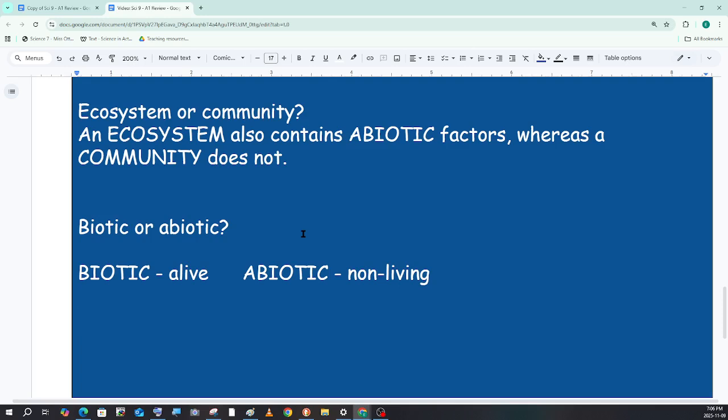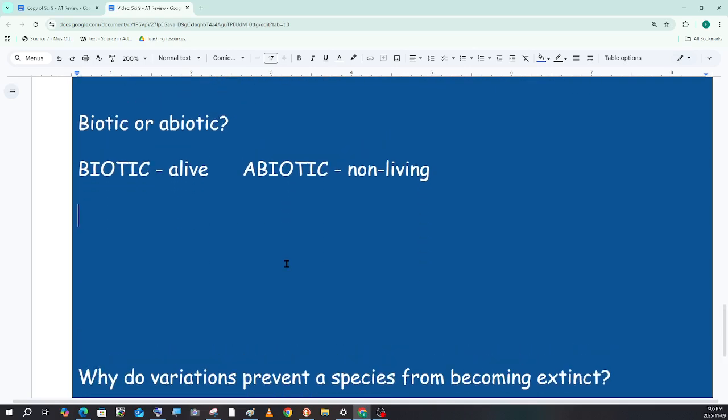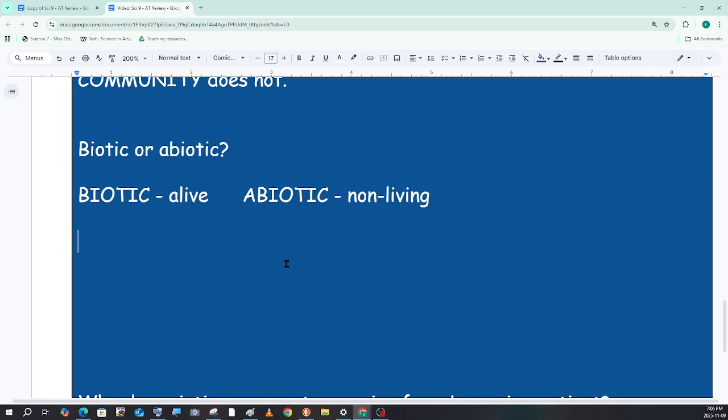Okay, so let's go over a few components of an ecosystem and see if we can determine if they're biotic or abiotic. All right, so the first thing, dirt. Biotic or abiotic? Okay, that would be abiotic, right? Dirt is not alive. There's stuff that lives in the dirt, but the dirt itself is not alive.